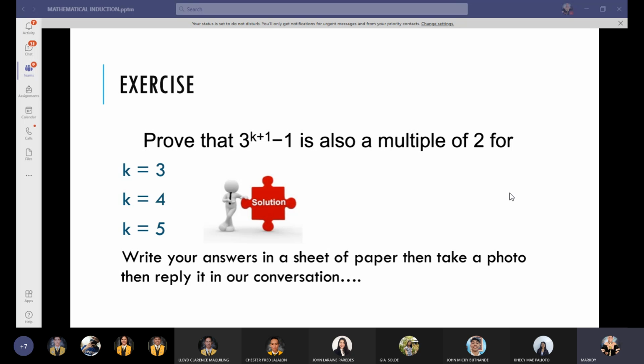Okay, so that is how you are going to prove that 3 to the power of k plus 1 minus 1, the result is still the same as before. The result for that one is a multiple of 2. Okay?